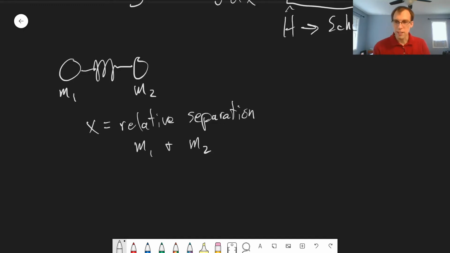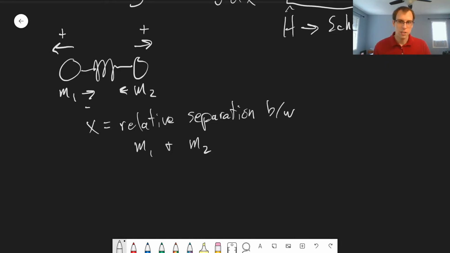So at rest, if the bond or our spring is at rest, we call that x equals 0. And if either our mass 1 moves to the left or the mass 2 moves to the right, or relative to each other, they become further apart, that would be positive x. And if either side goes in, that would be negative x. And so x becomes the relative separation between mass 1 and mass 2.